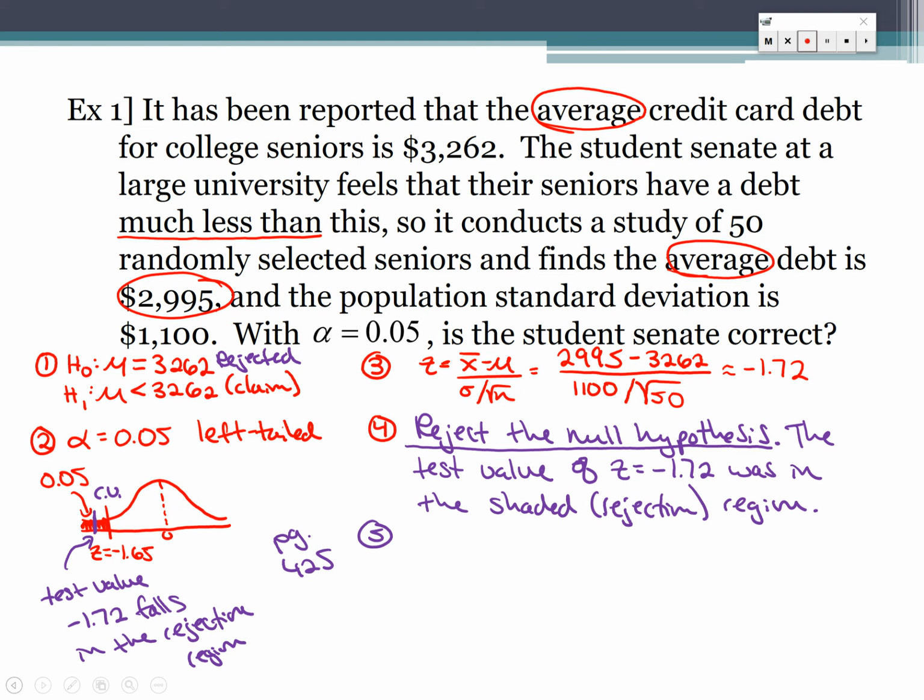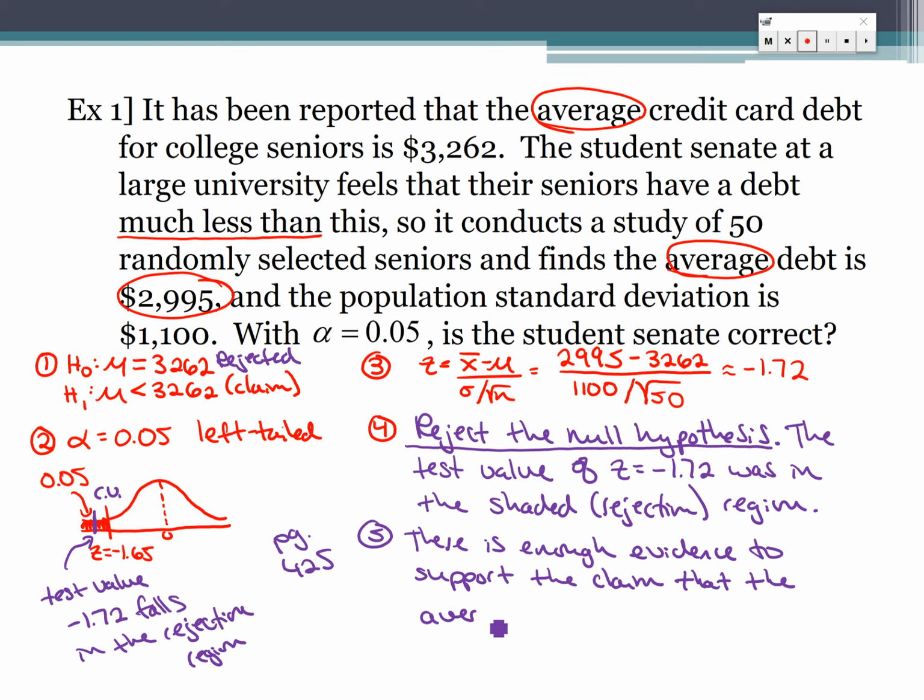So we get to say there is enough evidence to support the claim that the average debt is less than $3,262.